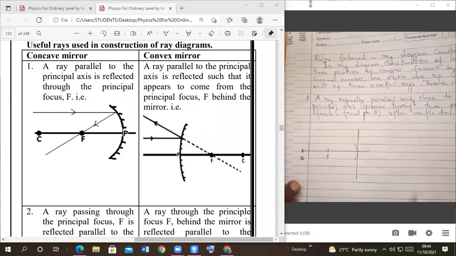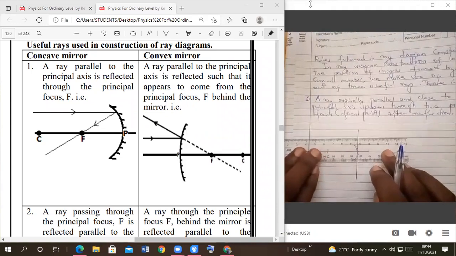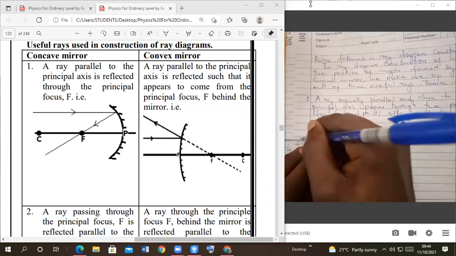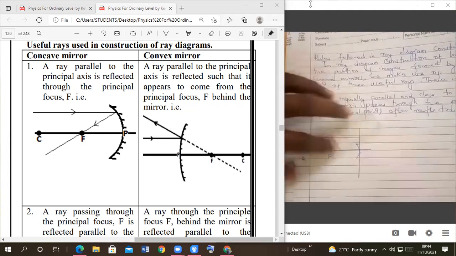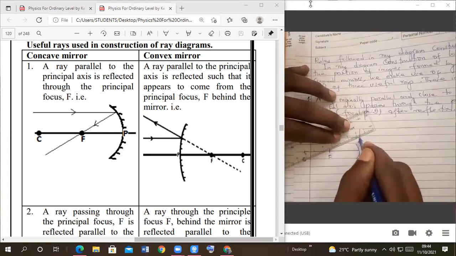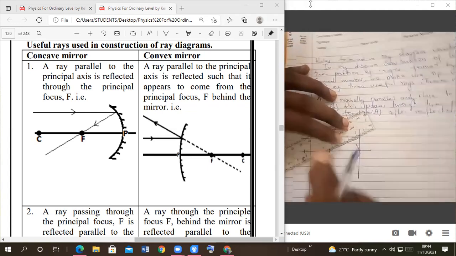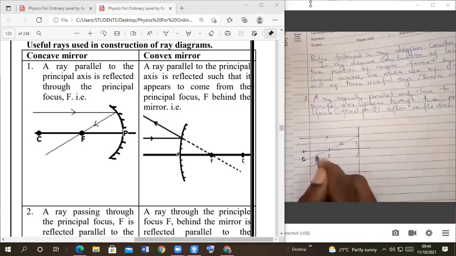Assuming there's a ray of light which is parallel to the principal axis, it will be reflected through the principal focus like that. Incident, reflected.